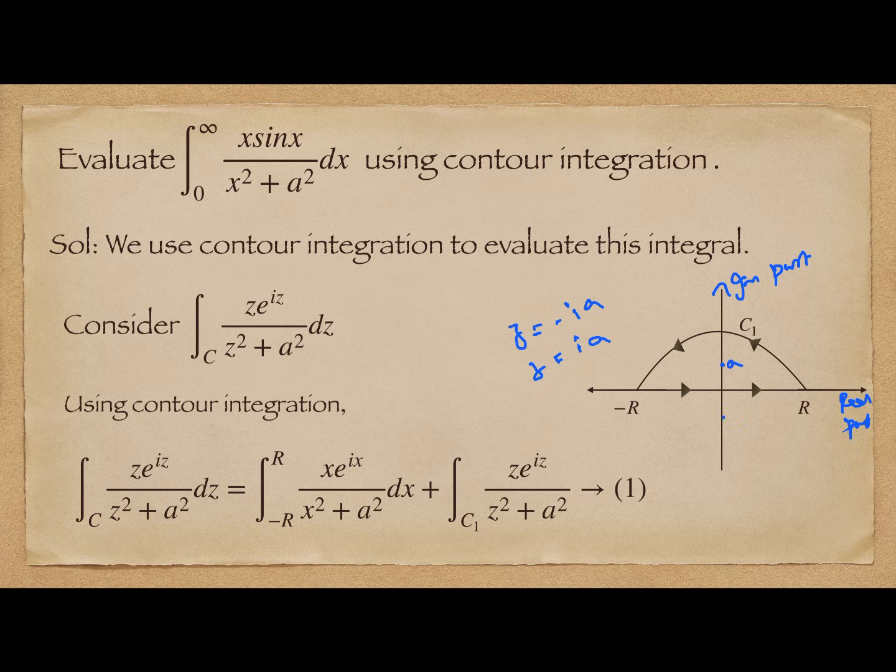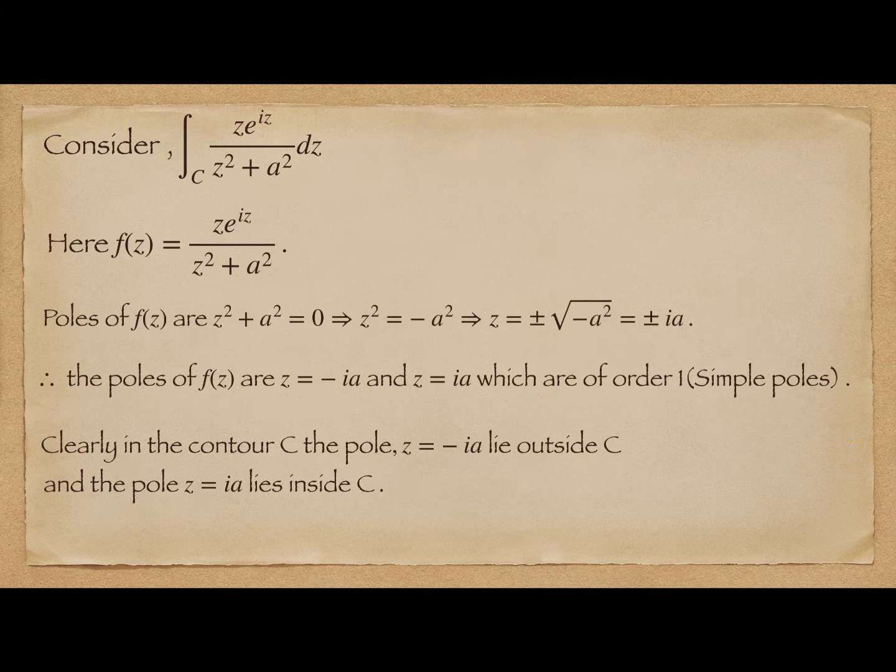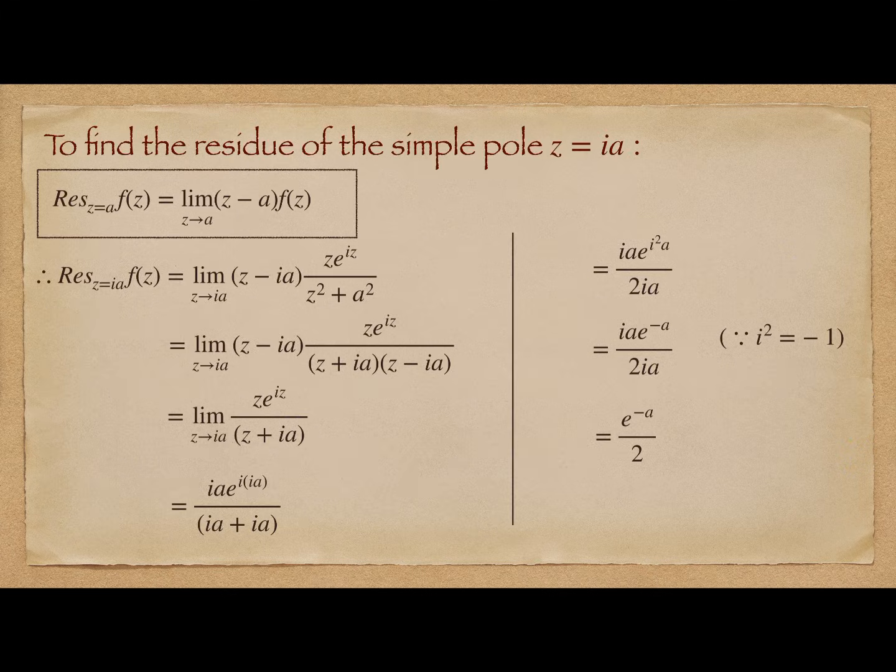When you talk about z equals minus ia, which is below the real axis, this is outside. That means z equals minus ia is outside and z equals ia is inside. So the pole z equals ia lies inside this contour, and the pole z equals minus ia lies outside the contour. That is what we mean here.